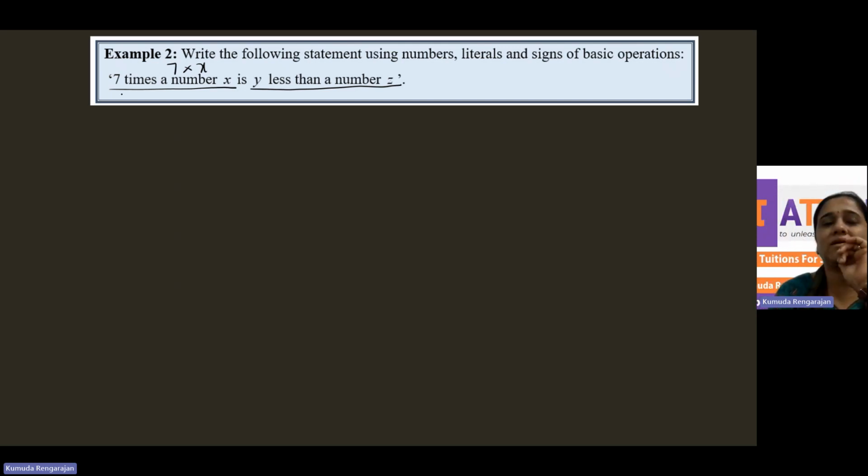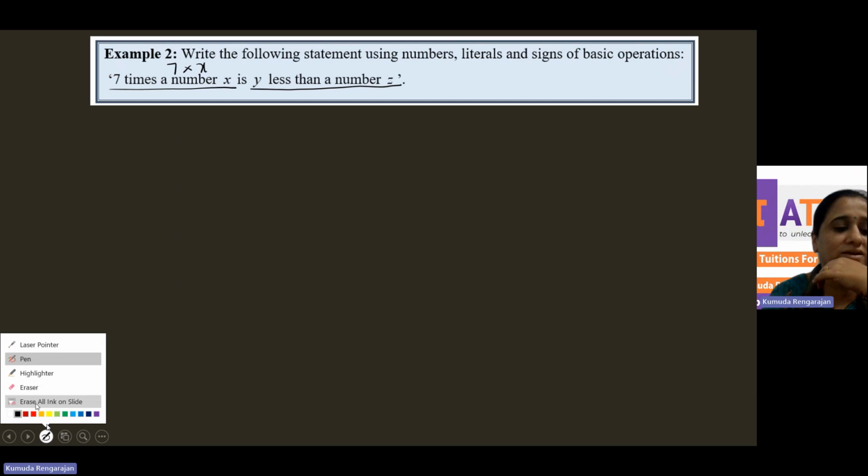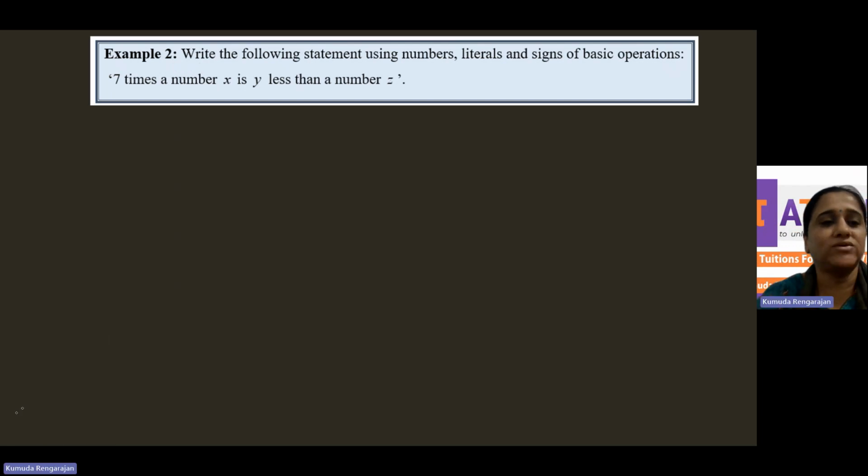I'm breaking down the statement into pieces. If you can answer the pieces, I can put everything together and tell you the expression which you can understand. What do you mean by 7 times a number x? Times meaning multiplication. 7x. Now, what is y less than z?